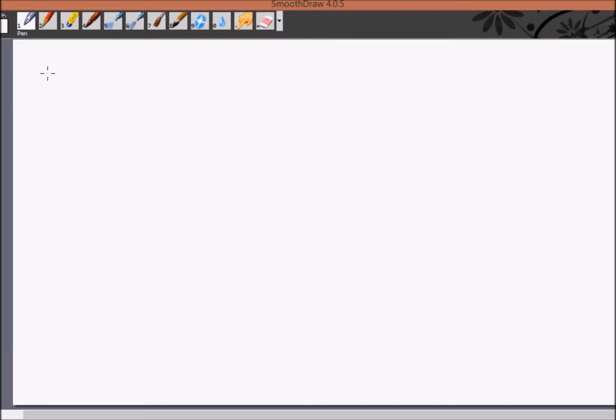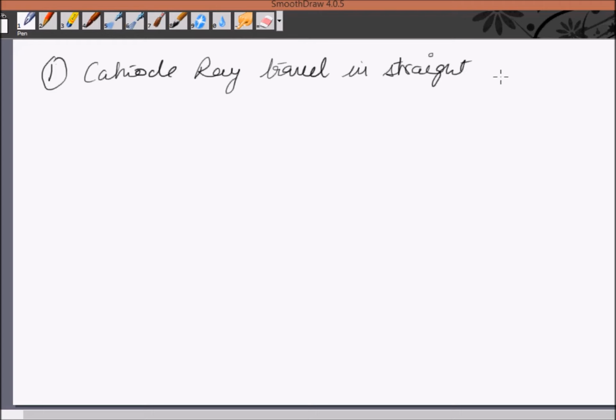So, what is the first property? It says that cathode rays travel in a straight line, right?